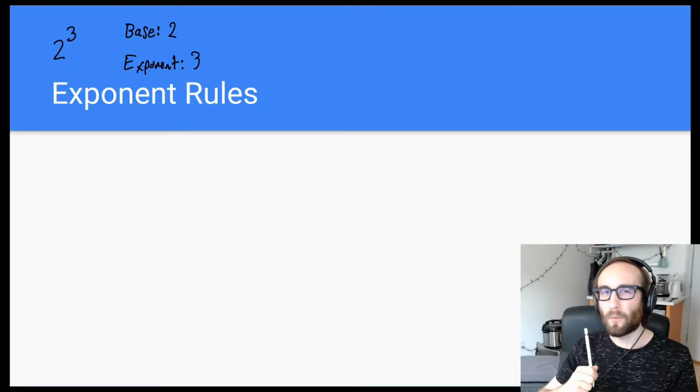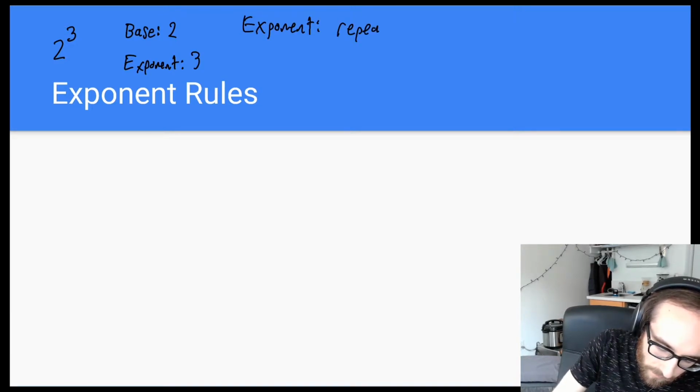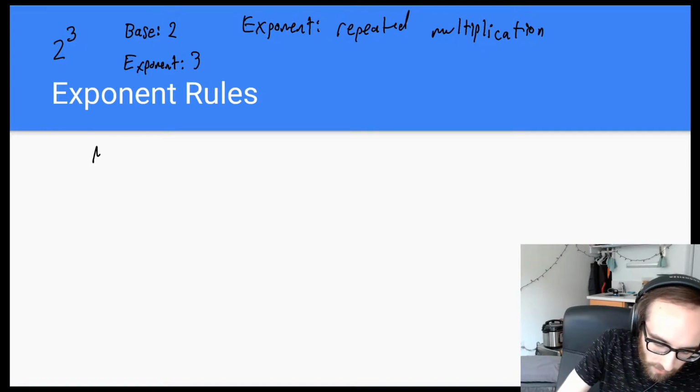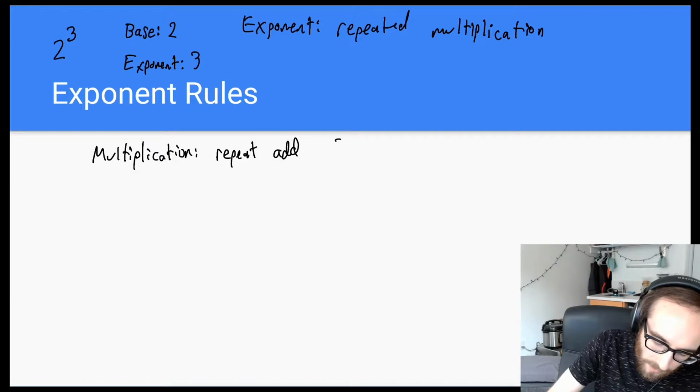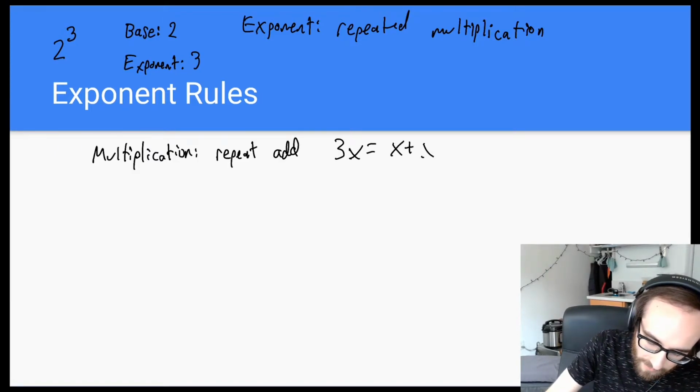The exponent represents repeated multiplication. This is kind of similar to multiplication, where you might recall that multiplication is just repeated addition. For example, 3x is the same thing as x plus x plus x.